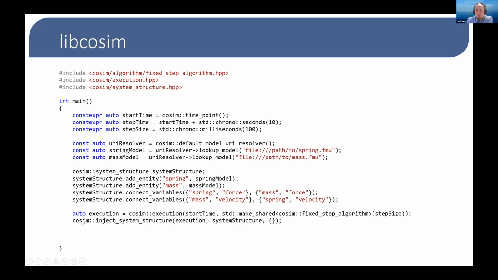On this line, we inject the system structure into the execution, and we are ready to simulate, which we do by telling the execution to simulate until the stop time. Here we built the system structure in code. The execution can also be created directly by loading the configuration file that specifies the simulation models and their interconnections.